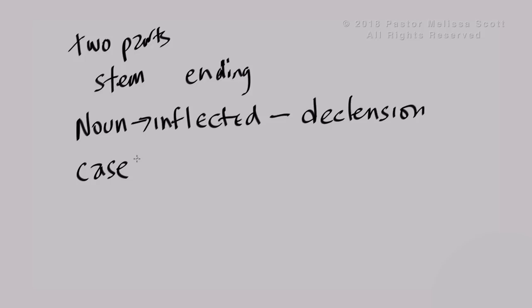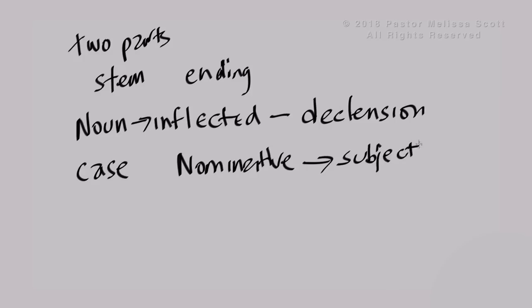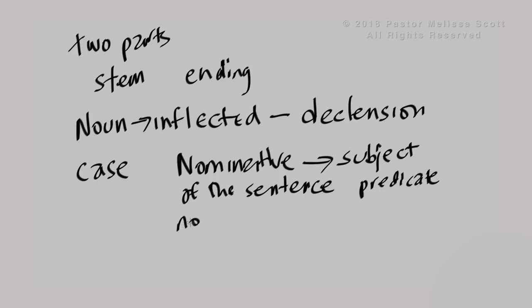So in the Greek, the case system is either nominative, that is telling you the subject of the sentence, or the predicate nominative. So we're dealing with that, and you would use helping verbs like "am" for the subject, potentially.